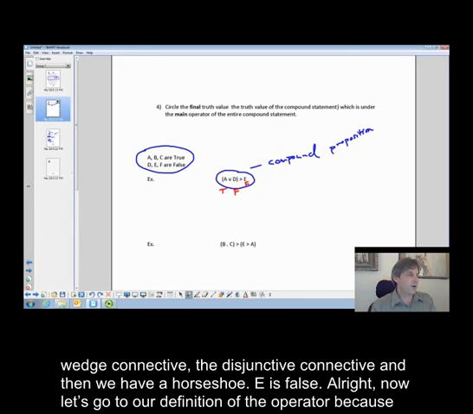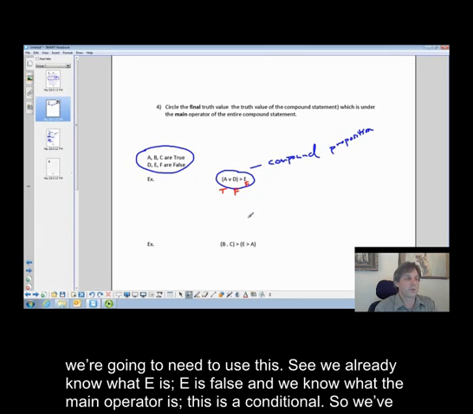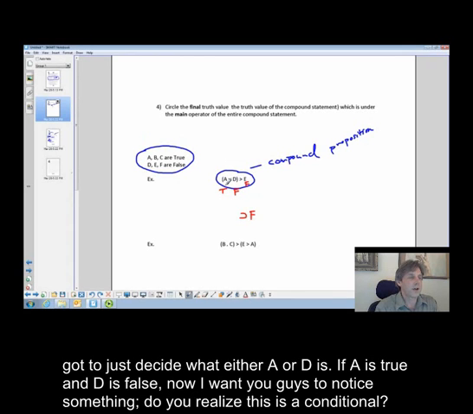All right, now let's go to our definition of the operator, because we're going to need to use this. We already know what E is. E is false, and we know what the main operator is. This is a conditional. So we've got to just decide what either A or D is, if A is true and D is false. Now, I want you guys to notice something. Do you realize this is a conditional?